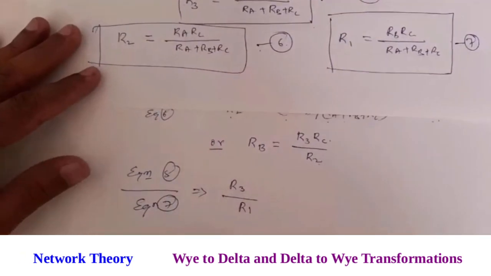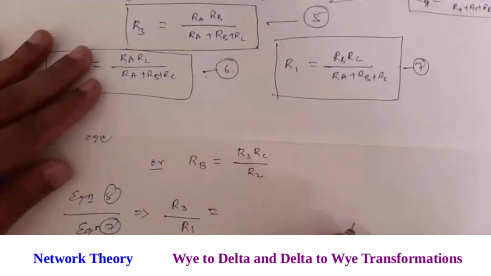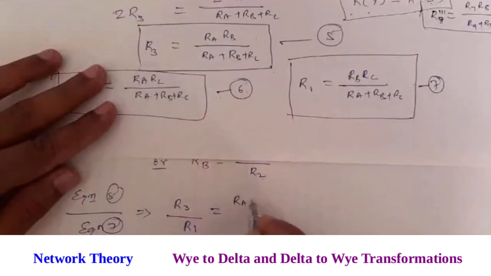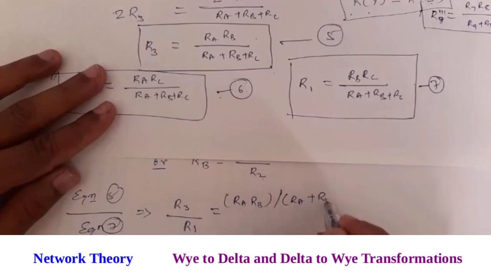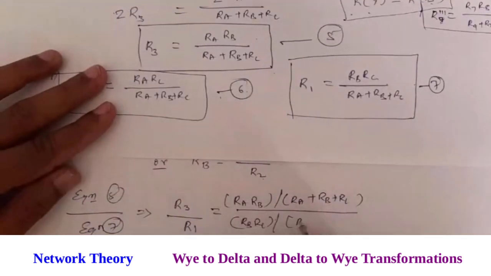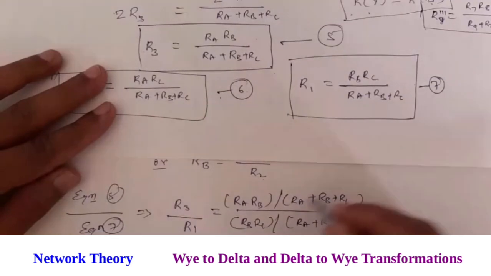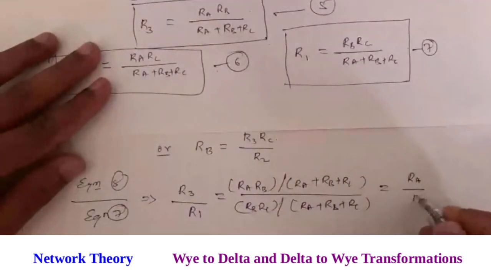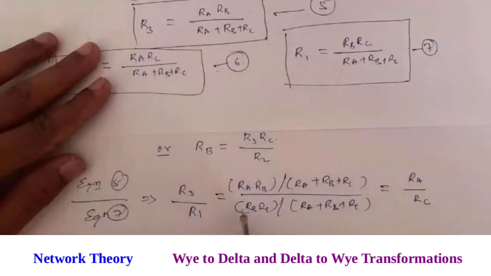R3 by R1 is equal to R3, which is RA RB divided by RA plus RB plus RC, and this whole divided by R1, which is RB RC divided by RA plus RB plus RC. Now this will get cancelled and RB will get cancelled. What you get is RA by RC, because both RB will get cancelled.